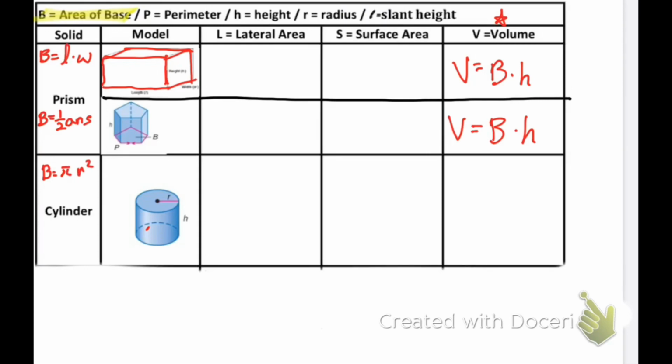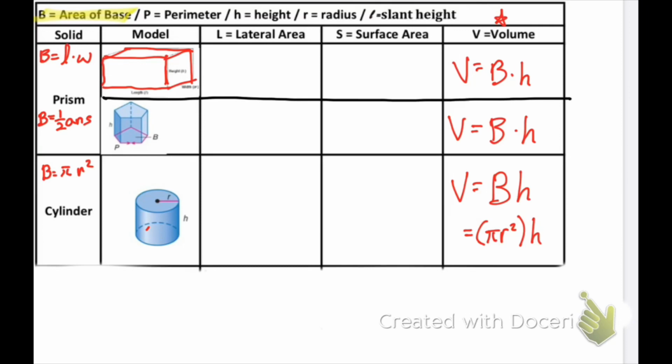So that would give me the area of my base. To calculate the volume, take the area of the base, multiply it by the height. Now the area of the base here, I could substitute this and rewrite this as pi radius squared times the height. That's how you solve for the volume of your shape.